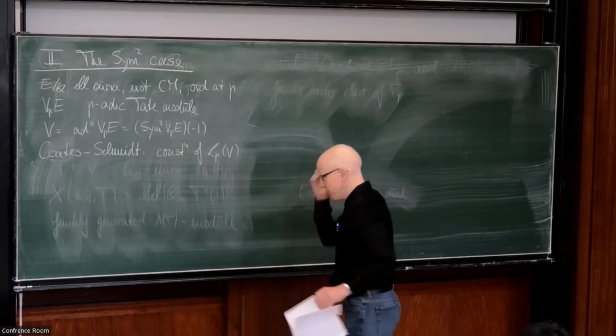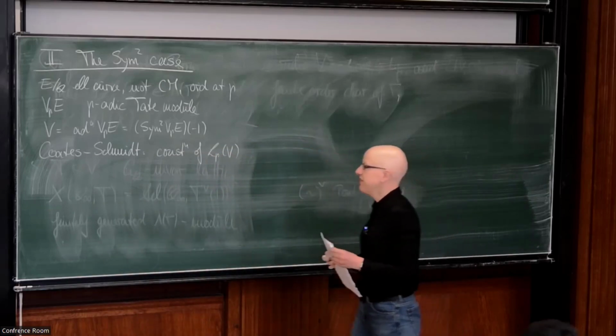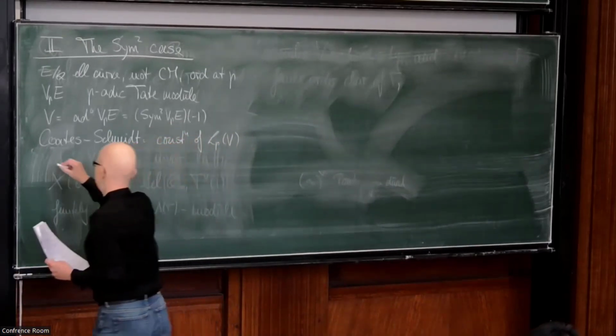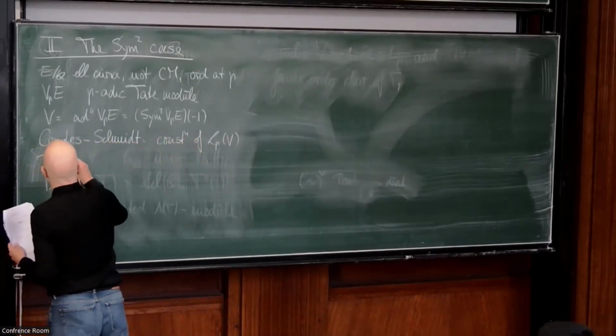Why is this an interesting representation to consider? Why would one want to bound a Selmer group here? Let me make some remarks.